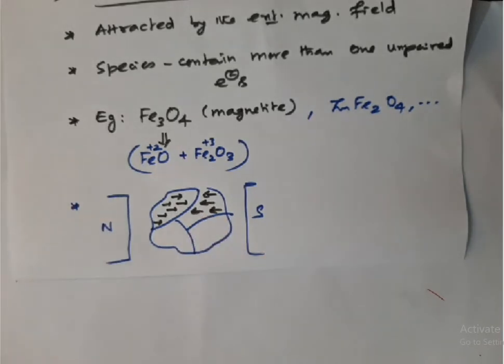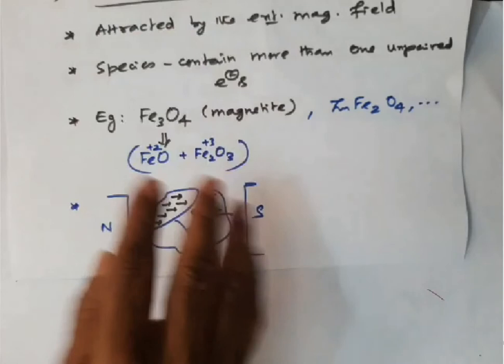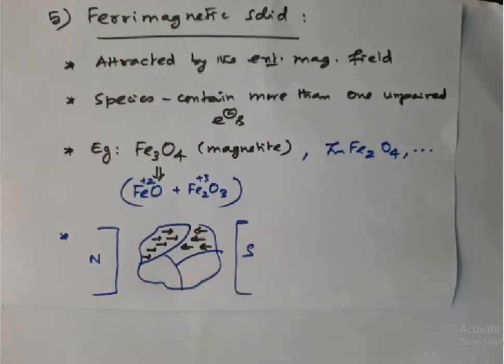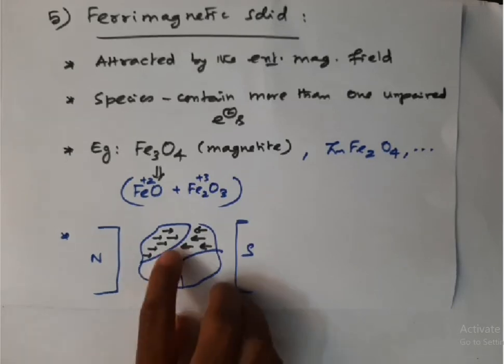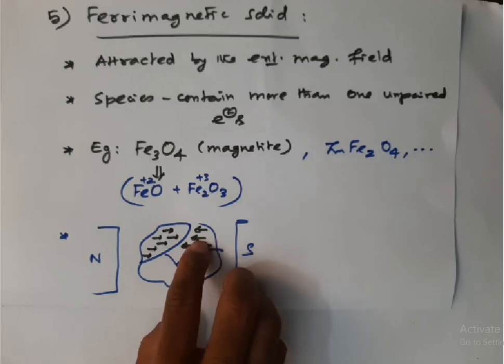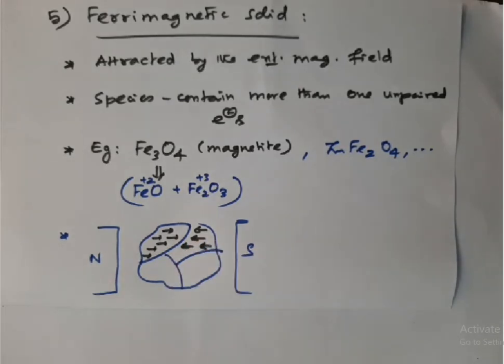So if you keep the ferrimagnetic material in a magnetic field, what will happen? The magnetic moments of one domain will oppose the magnetic moments of the other domain, but not in equal number. That means you will get some magnetic character.